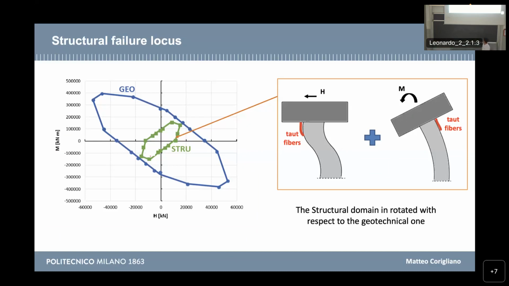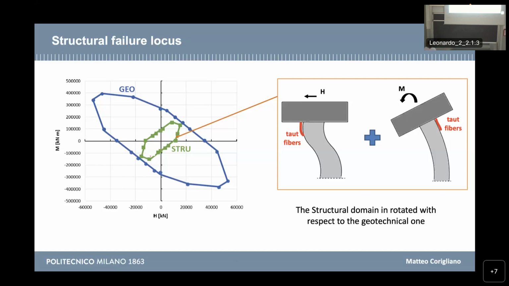And also this rotation can be explained, but until now I haven't found an expression to link the geotechnical domain with the structural one. The rotation can be explained thanks to the opposite effect that the horizontal load and the bending moment have on piles, opposite to what happens for the soil.